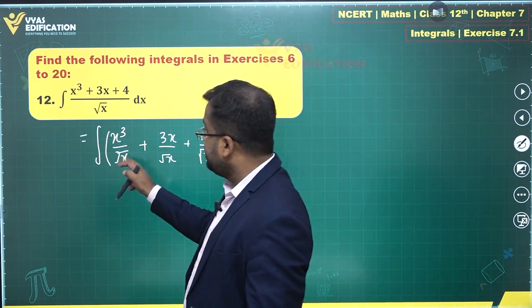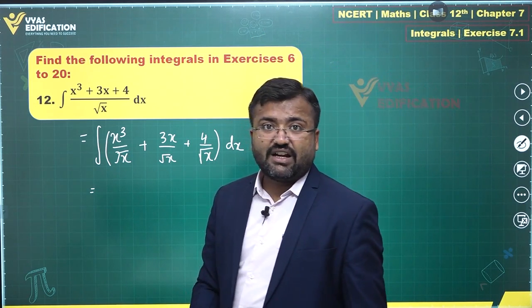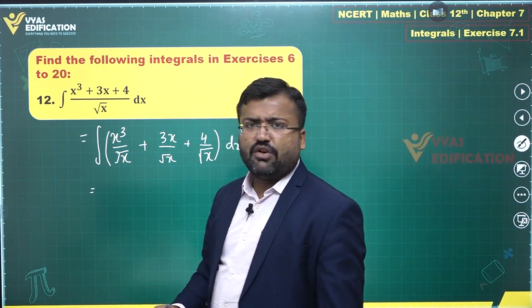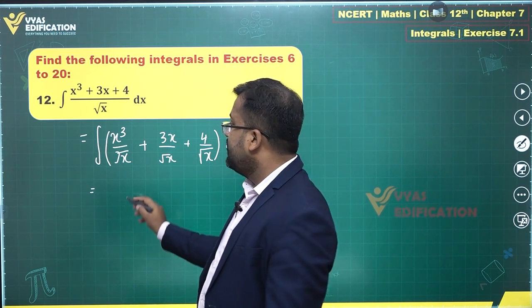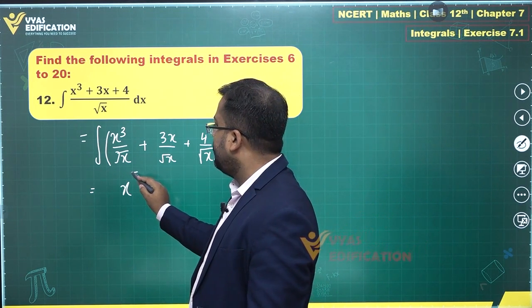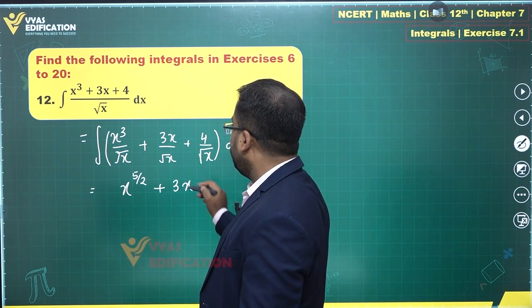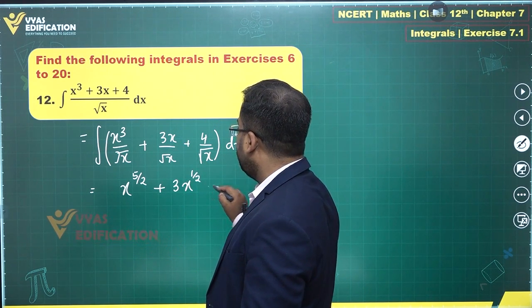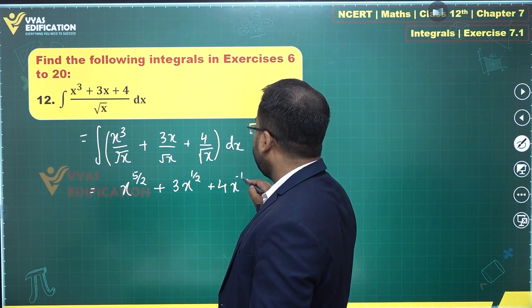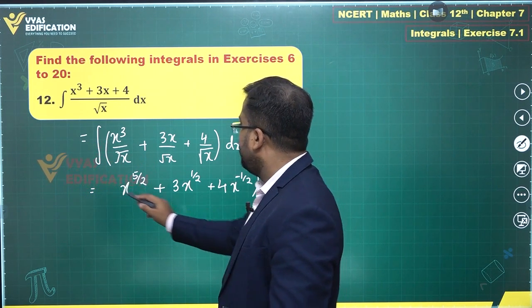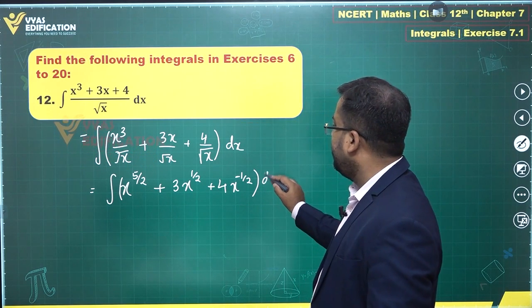This is x power 3 by x power 1 by 2. When we subtract, what do you get? x power 3 minus 1 by 2 is x power 5 by 2. Plus 3 times x power 1 minus 1 by 2, which is 1 by 2. Plus 4 times x power minus 1 by 2 is what I have in this integral.